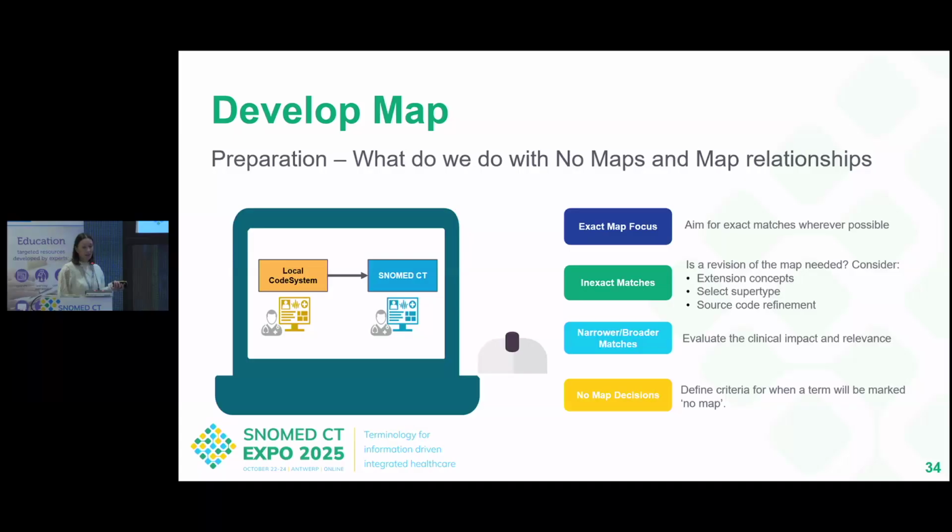So this is when, if you can't find a map, how are you going to manage these as well, in terms of, is it going to be recorded or mapped using the SNOMED CT concept that's available, or is it sort of a map that's there? Okay, and then you'll also want to periodically review your map as well, especially the inexact and no map entries, to see if there have been any changes that you might want to add.